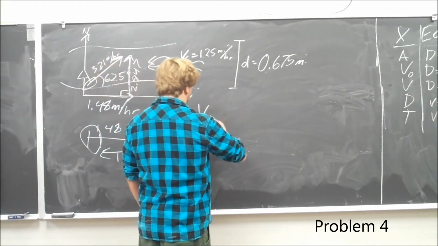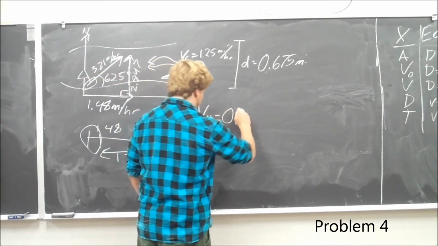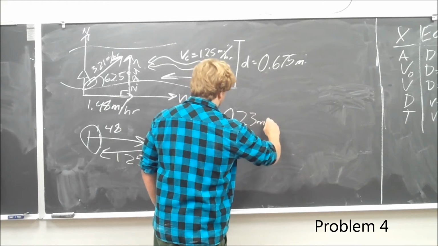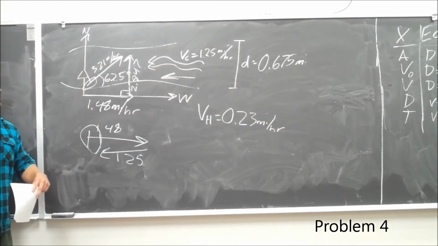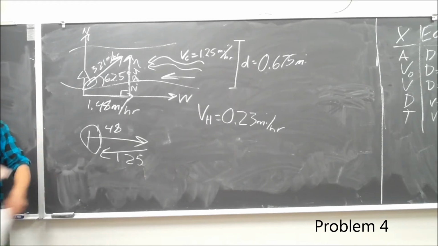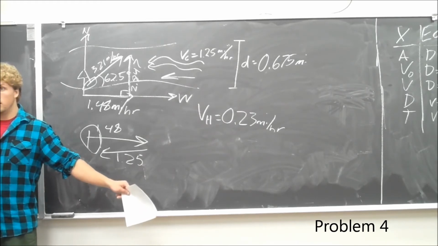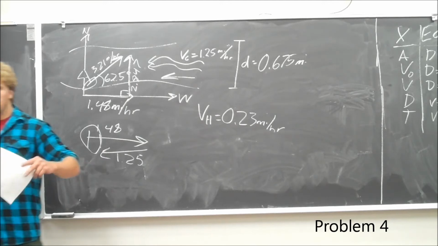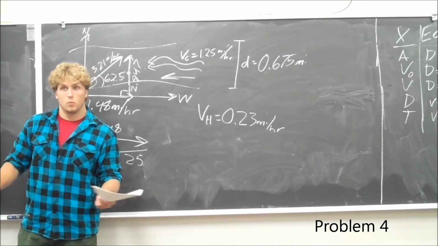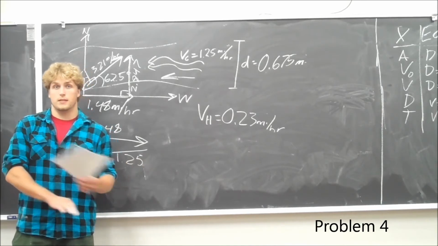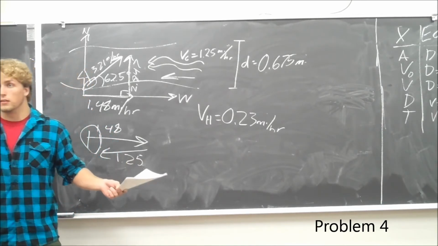So the horizontal velocity is 0.23 miles per hour. The vertical velocity is completely unaffected by it. Is anybody questioning that? No? We're all good with the fact that the vertical velocity is not affected.